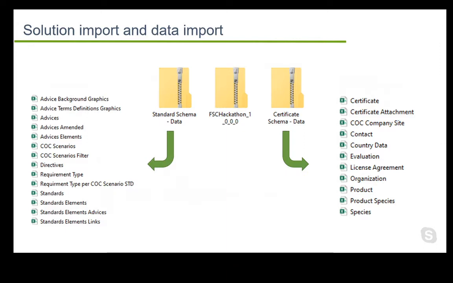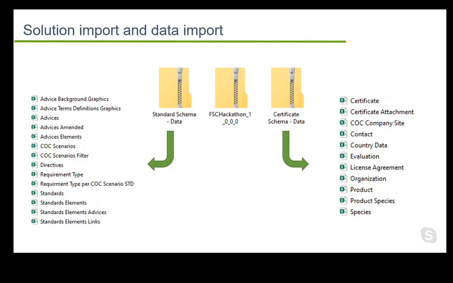As you can see in the middle of the screen, you have the solution zip file, a file for the standards schema, and a second file for the certificate schema. Inside those 2 files, you will find CSV files that you should import into each entity after you create the solution in Dynamics.